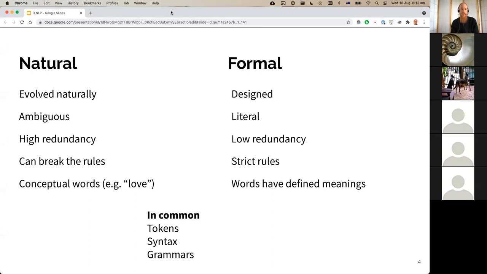And natural languages, we can break the rules all the time. So if there are particular grammatical rules or syntactical rules about the structure or the use of words in the language, we can break them and still communicate.